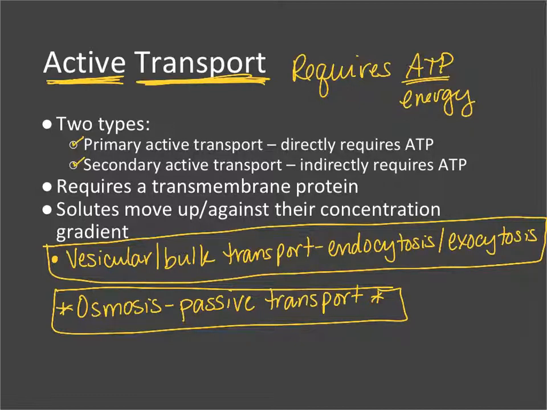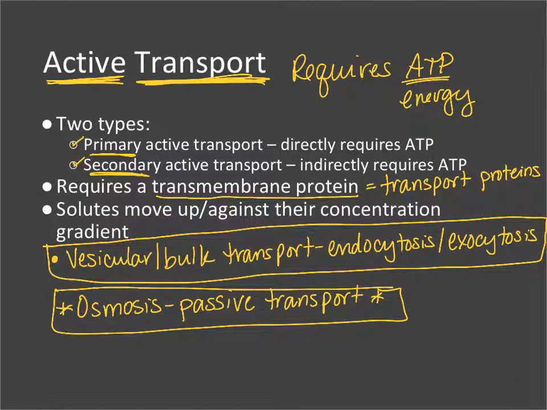So first of all, regardless of whether we're talking about primary active transport or secondary active transport, one thing to keep in mind is that it's similar to facilitated diffusion in that we need this transmembrane protein. So remember that these are the transport proteins.